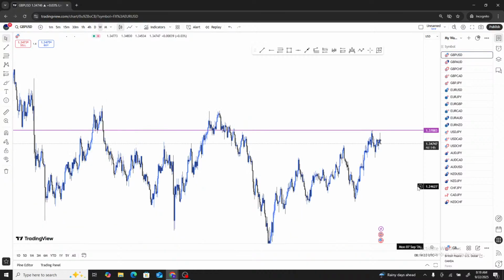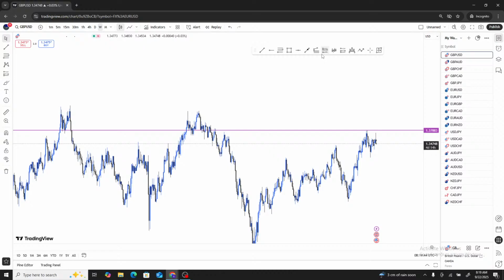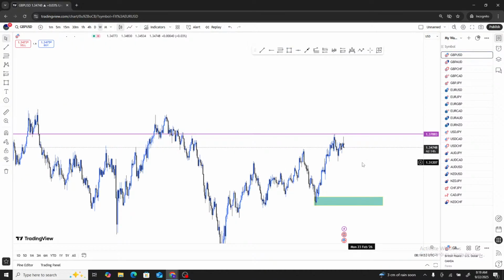You can see the market is falling. Looks like it's coming down to this level. So what are we going to do?